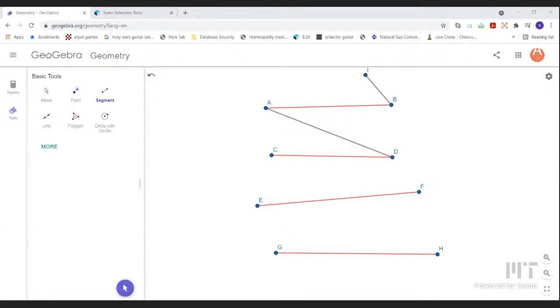Let's focus on the problem. Should we discuss it?